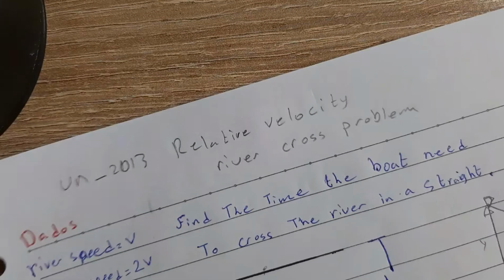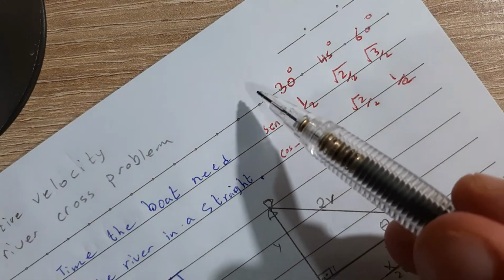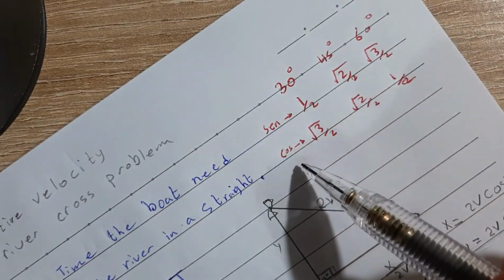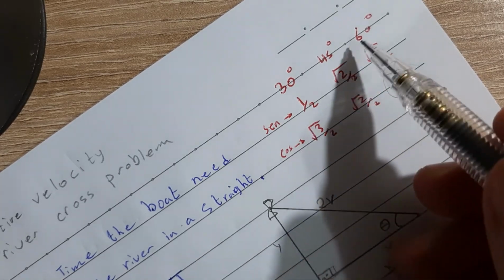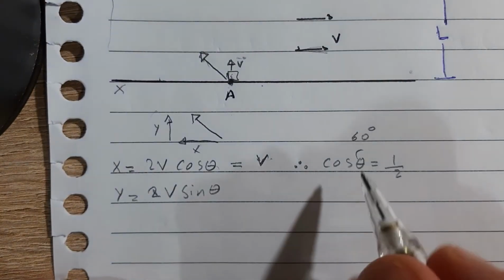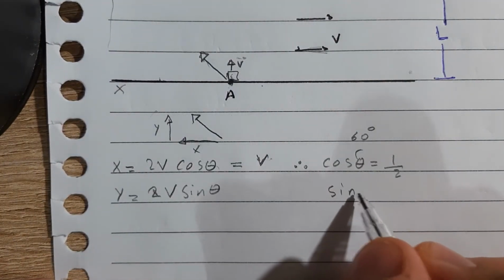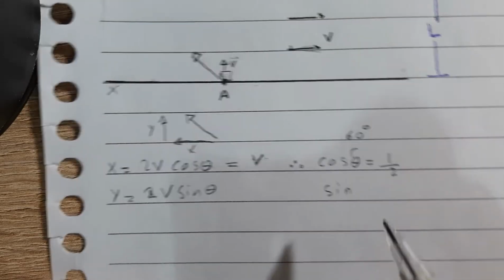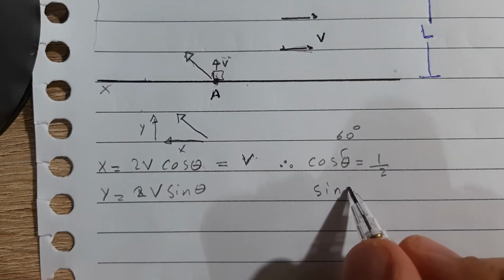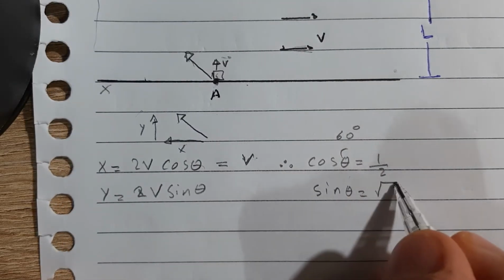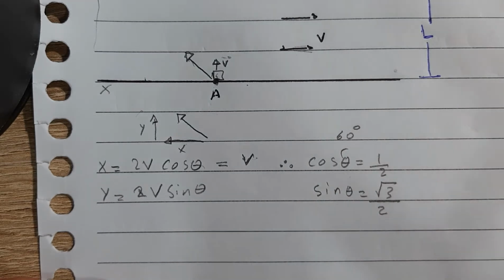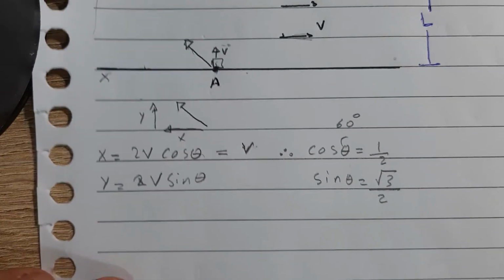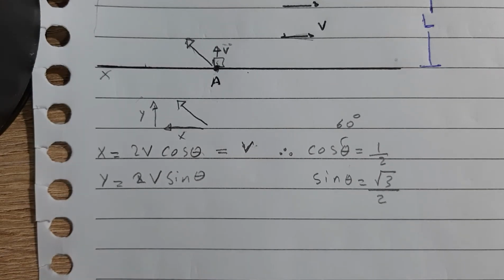If you don't remember, you can always do this: 30, 45, 60, sine, cosine, 1, 2, 3, okay? A half is the cosine of 60 degrees. Why is this important? Because the sine of theta, 60 degrees, will be equal to this. And yeah, this is trigonometry. If you don't know this, you'll need to study a bit of trigonometry.